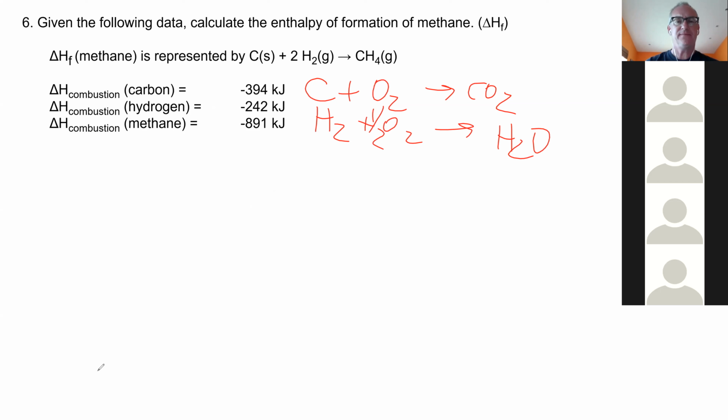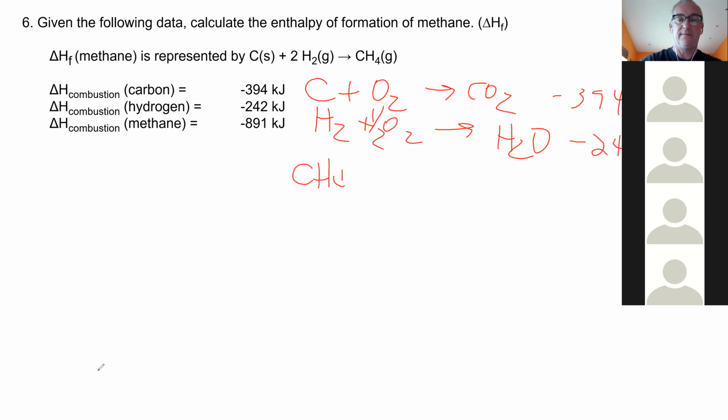And then the last one, so this one's minus 394. This one's minus 242. And the last one is methane. What's methane? CH4, right.